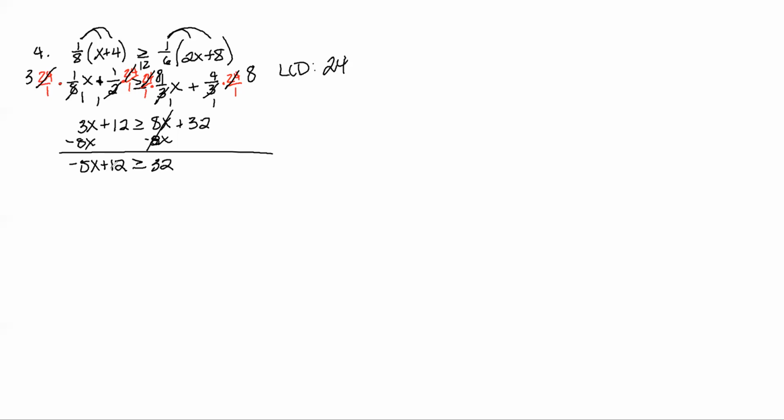Get rid of this 12, so minus 12. Still haven't multiplied or divided by a negative. So we have negative 5x is greater than or equal to 20. And then divide both sides by negative 5, dividing by a negative, so flip. And we get x is less than or equal to negative 4.